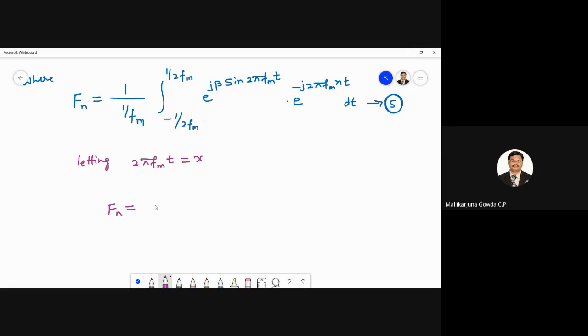1 by 1 by fm will be equal to fm, shall I write fm? Then the integral, what are the limits? Then what is inside the integral? 2 pi fm t will be equal to x, I can replace this by x. e power j beta x?